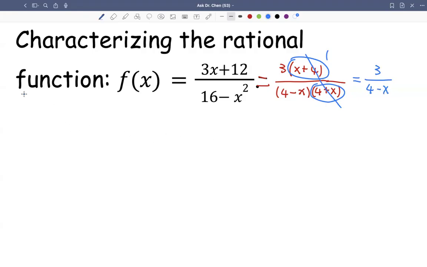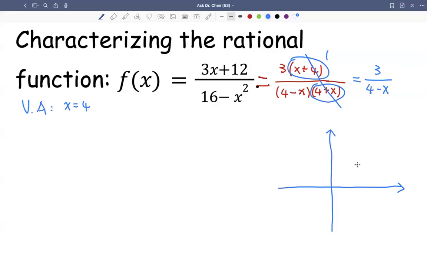Now let's try to find vertical asymptotes. The vertical asymptote is obvious, x equals 4, right? When x equals 4, 4 minus 4 causes 0 in the denominator. So that means 4 is not in the domain of this function.